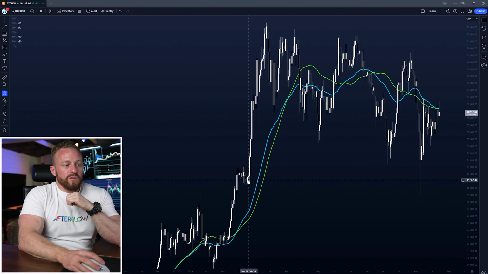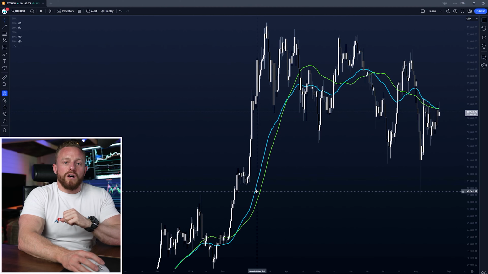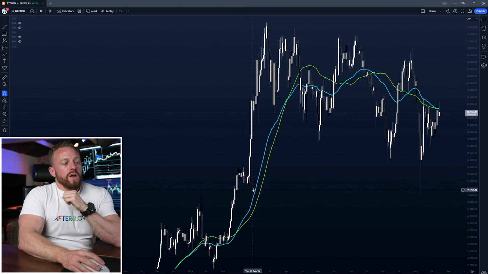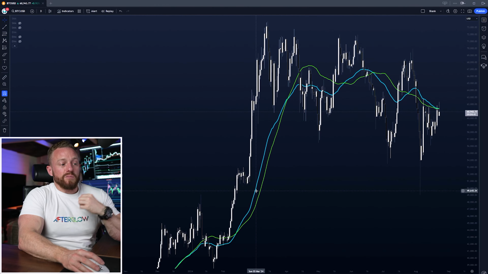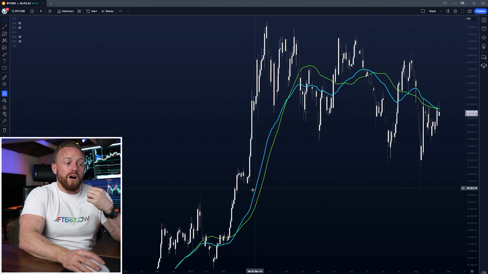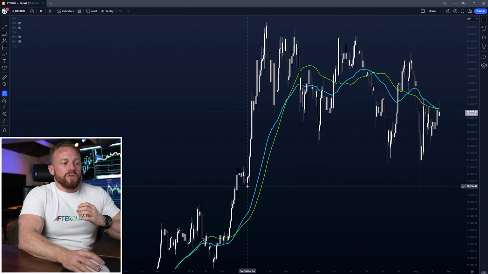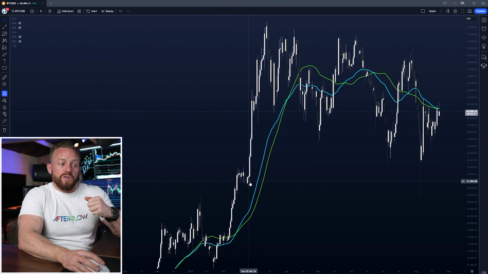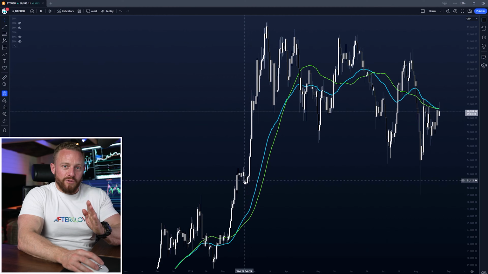Well, this is more conservative because if this price had dipped a little bit lower and gone below the EMA line, then that's when you would have cut your long position and locked in your profit from down here to say up there. However, you would have cut that position before you would have cut it if you were using the SMA line, because obviously the EMA line is higher above the SMA line. So that's why during that uptrend, the EMA is more conservative, because you'd cut the position sooner if this had dipped below here during the uptrend.